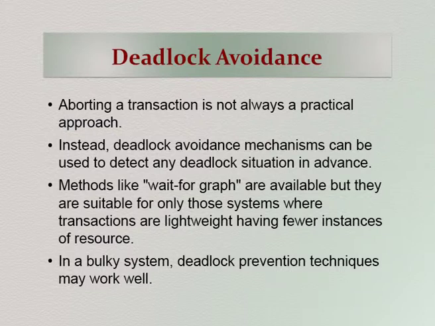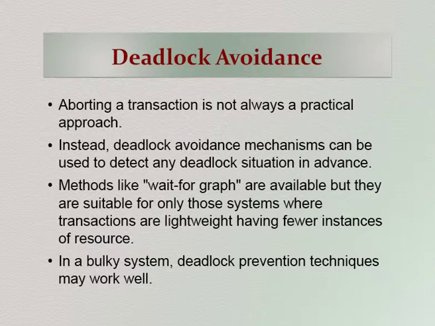In the deadlock prevention schemes, we follow an algorithm wherein one process is killed or made to wait, the older one completes its transaction, and then the second one is allowed to take place. Aborting a transaction may not always be the solution. So, instead, deadlock avoidance mechanisms can be used to detect any deadlock situation in advance.